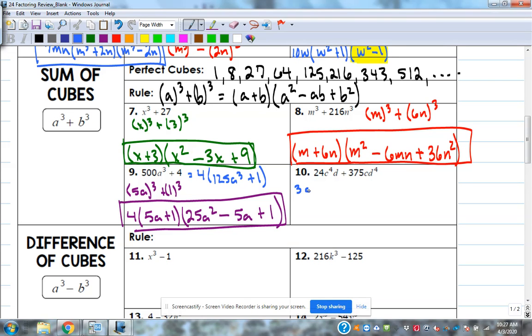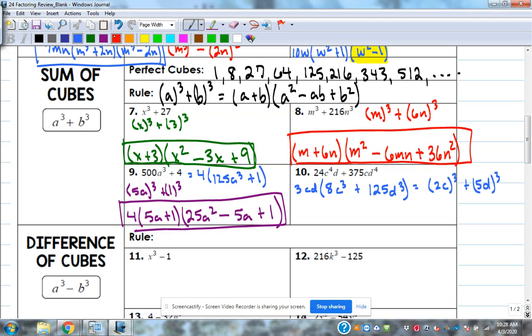So 3CD, I believe it's 8C to the third plus 125D to the third. And we could rewrite that as 2C cubed plus 5D cubed.